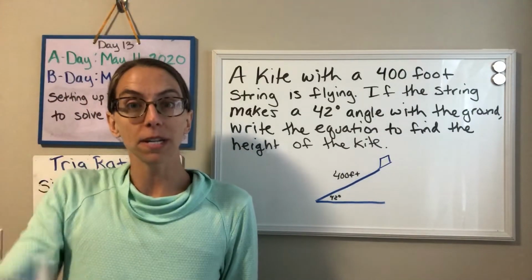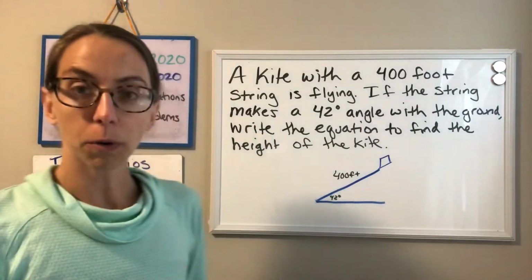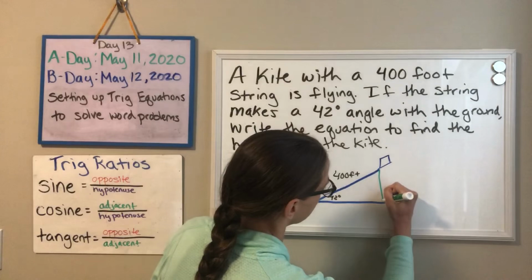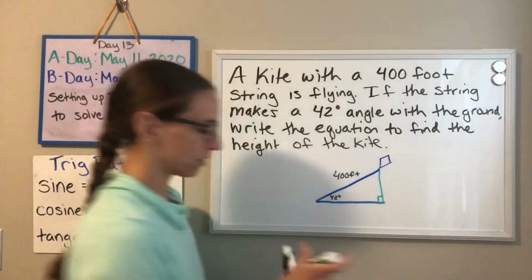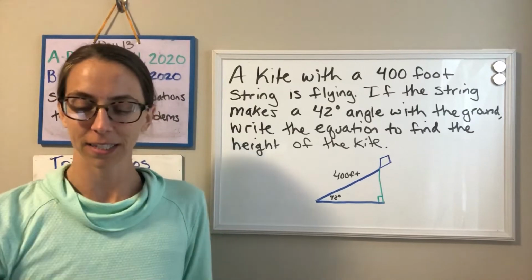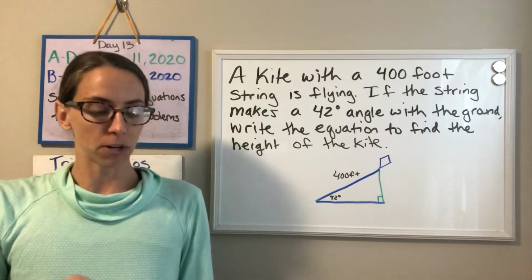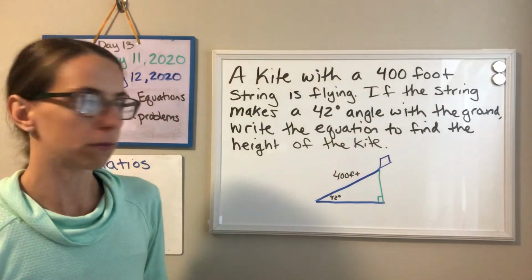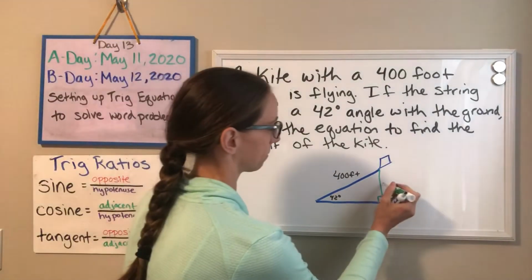It needs to be perpendicular to the ground. So what we're really looking for is this piece right here. And that's going to make a right angle because the height of how high off the ground the kite is would be perpendicular. That would be the measurement you'd have to find. So we are looking for this value right here. We can call that x.